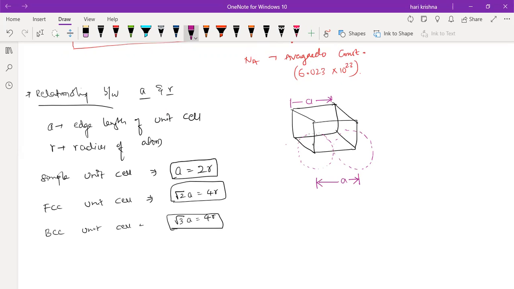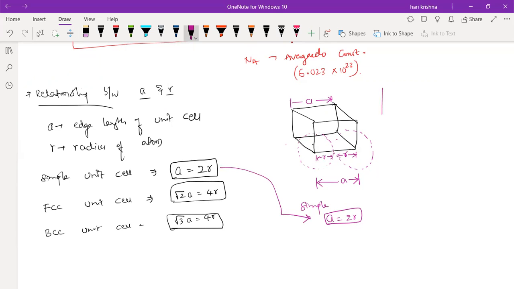This is one R, this is another R. So what is the condition in the simple unit cell? The edge length A is equal to 2 times R. Clear now? How you got this condition?